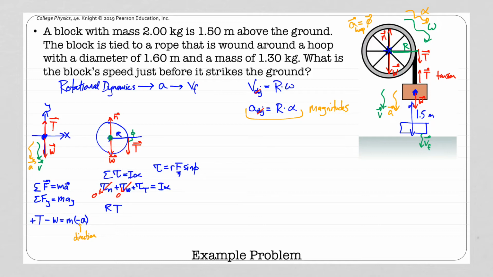That is a 90-degree angle, so I'm going to have sine of 90 degrees there, because phi here is equal to 90 degrees. Sine of 90 is just 1, so that's not going to do anything for us. This tension is pulling this way, that is the clockwise direction, and so that's going to be a negative torque.